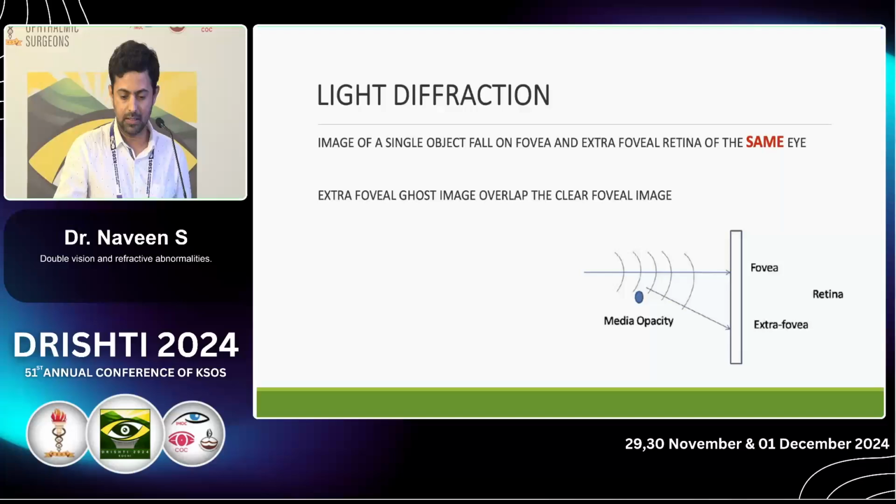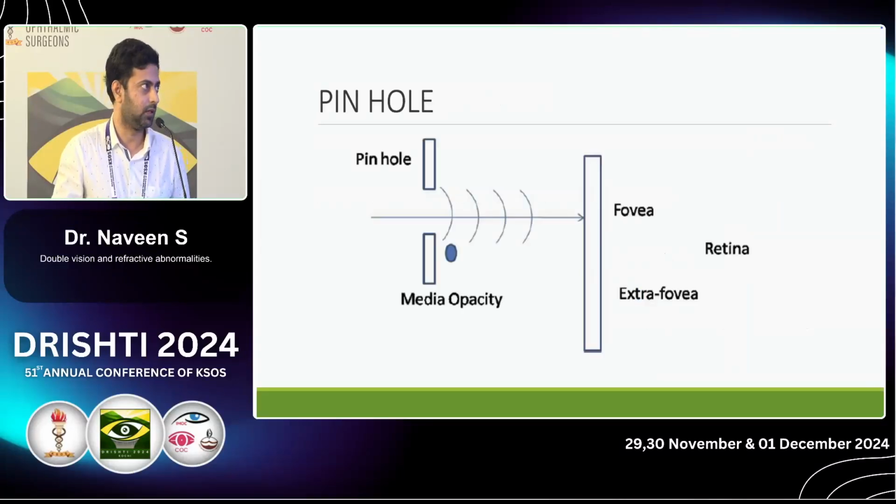So, what happens is that when there is an opacity or aberration in the optical system, the image of an object can fall on the fovea and the extrafoveal retina of the same eye, and this can lead to diplopia. So, what does a pinhole do?